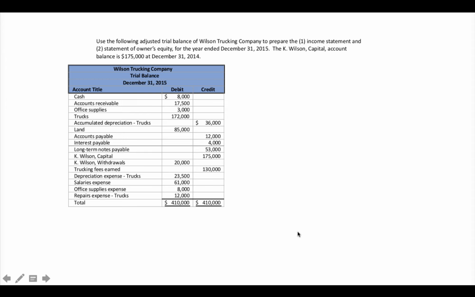Okay. In this case, let's see what we got. I'm looking over here at account names, and I think I've mentioned this before.